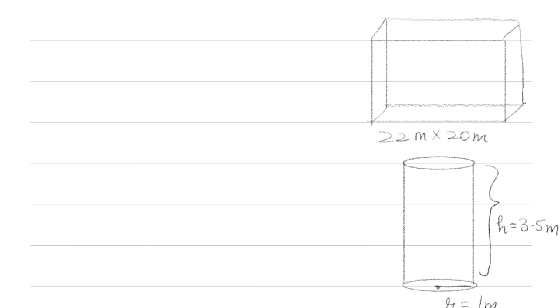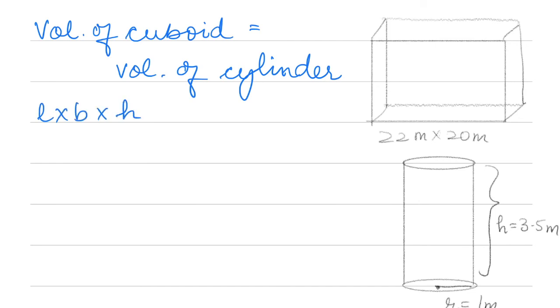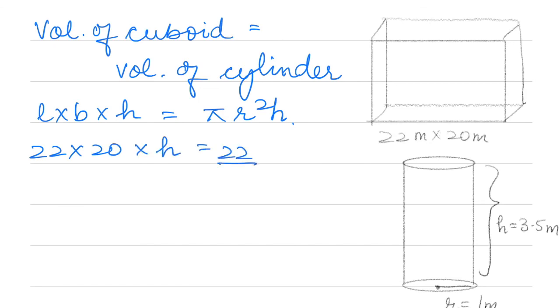So now we can say that volume of cuboid here will be equal to volume of cylinder. Volume of cuboid is L into B into H and volume of cylinder is pi r square H. This is 22 meter and 20 meter, and height we have to find out. Pi we can take 22 by 7 and radius is 1 into 1 and height is 3.5 meter.